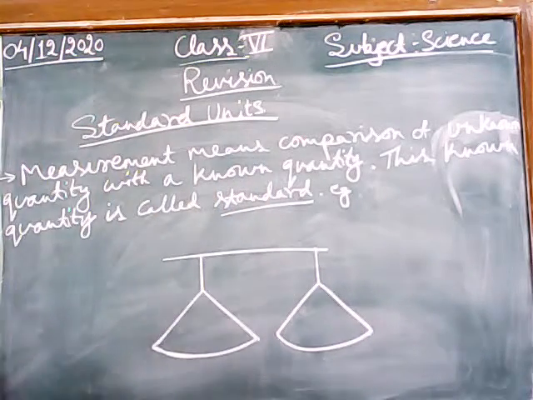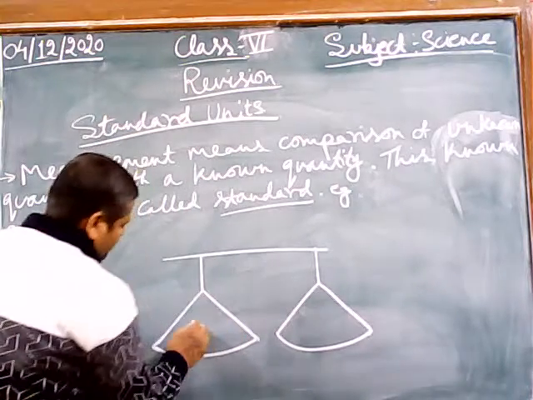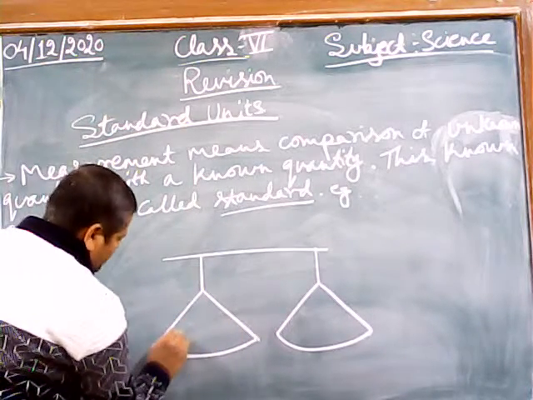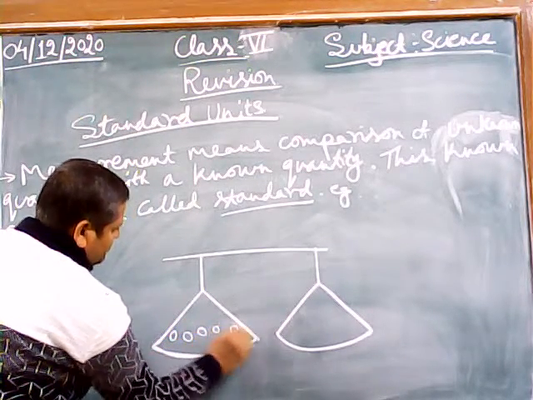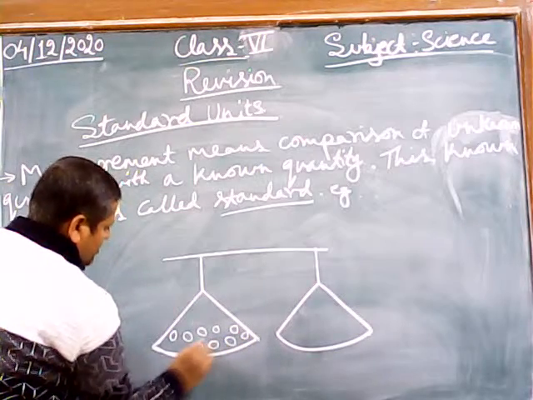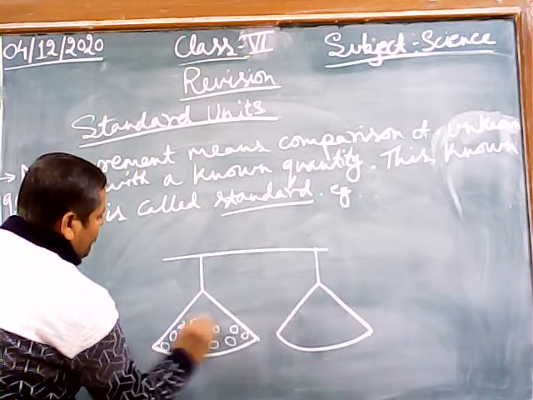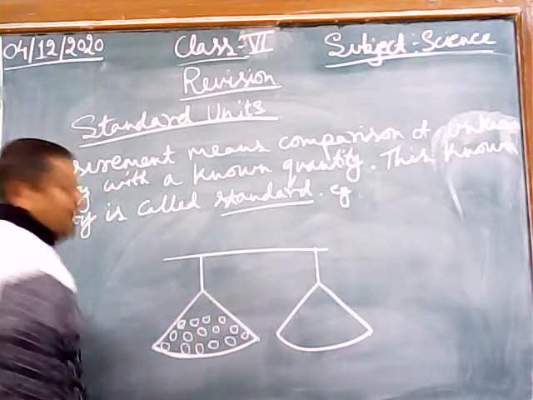In one pan he keeps potatoes, and in the other he keeps a hexagonal weight that reflects 1 kg.